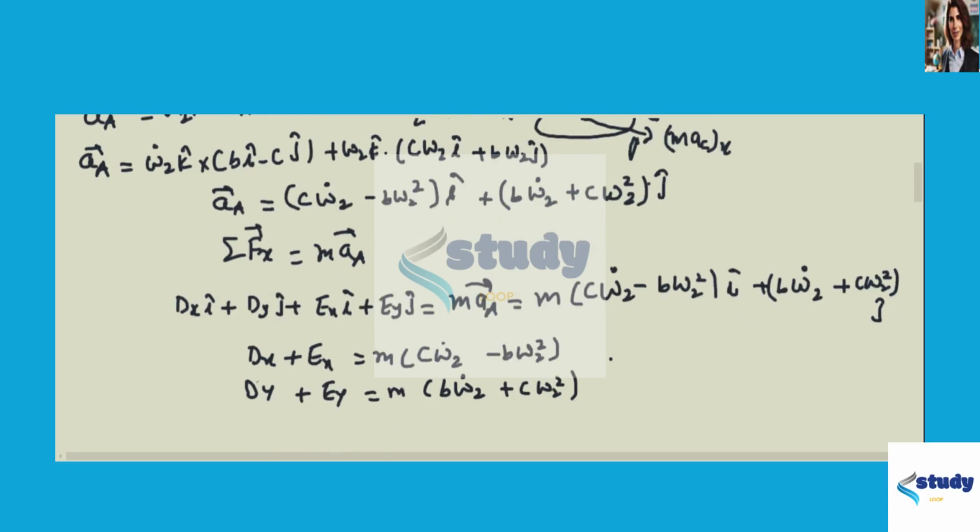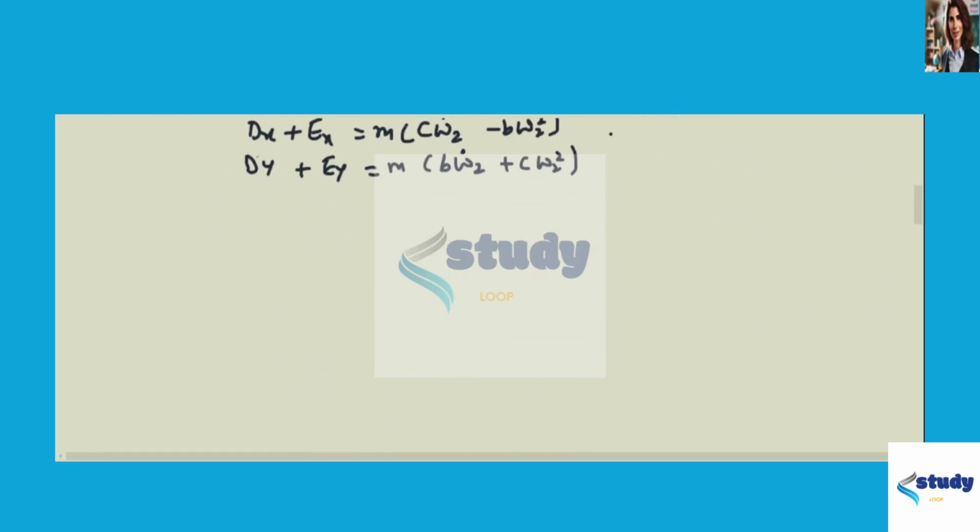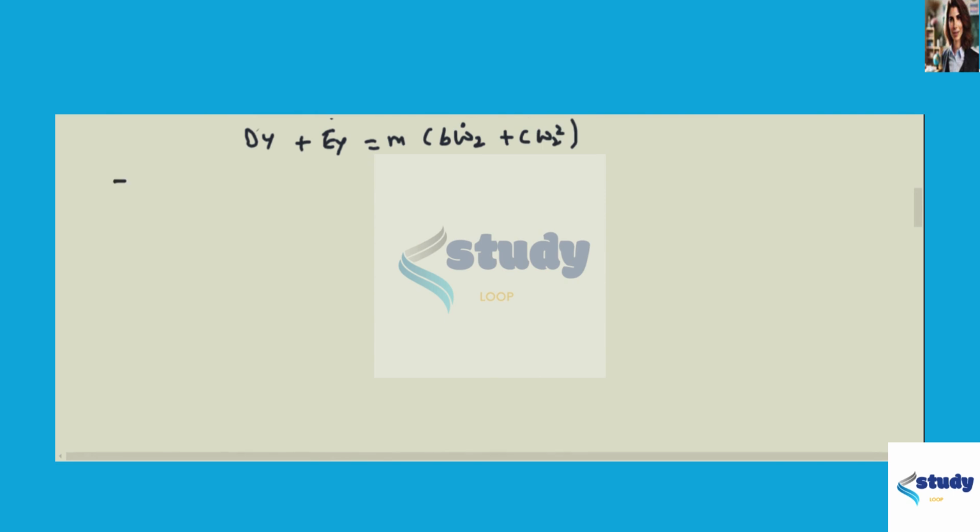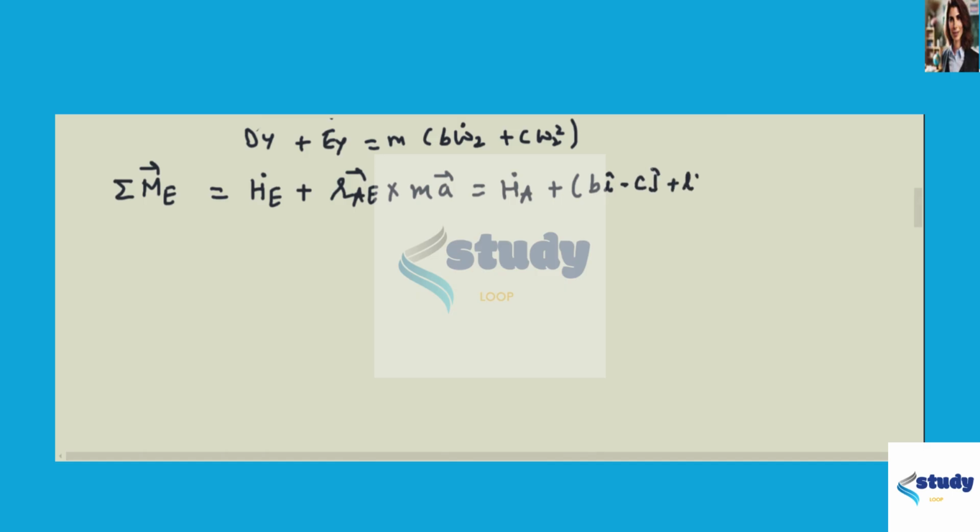Now moment of couple about E point, summation of M E, M E plus r A E cross m a, that will be plus r A is v i minus c j plus l k cross mass into acceleration.